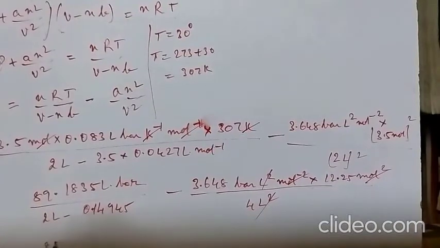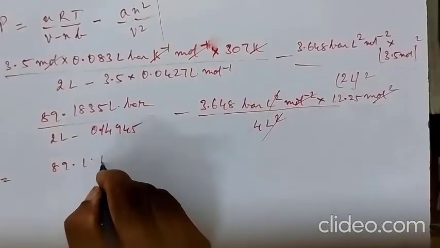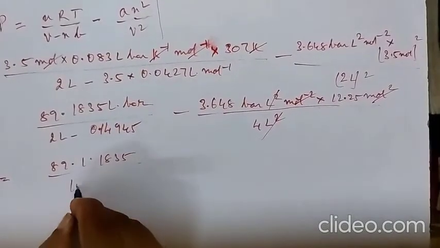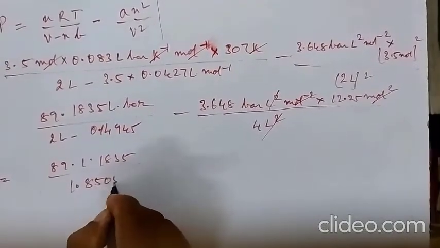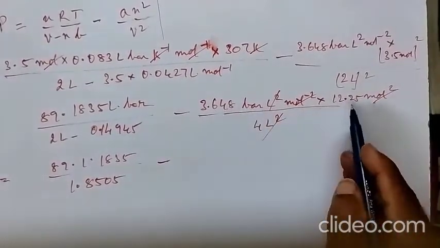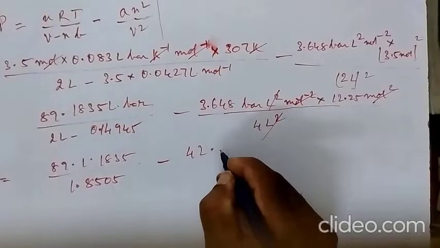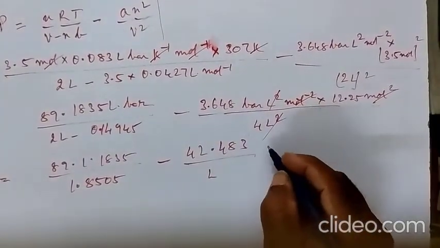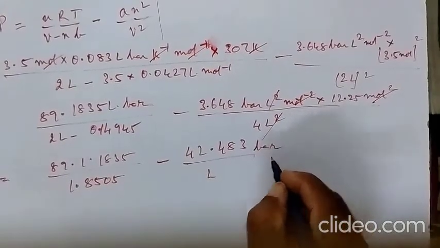So this becomes 89.1835 by, if we subtract this, we get 1.8505, minus, if we multiply this, we get 42.483 by 4. So what is left here? Bar is left.